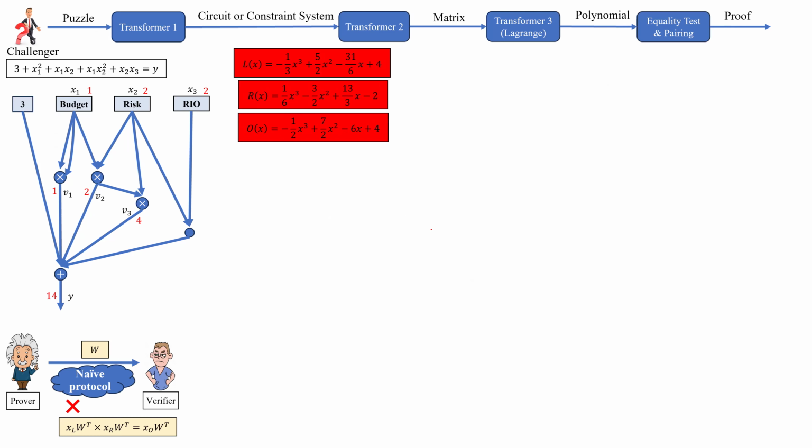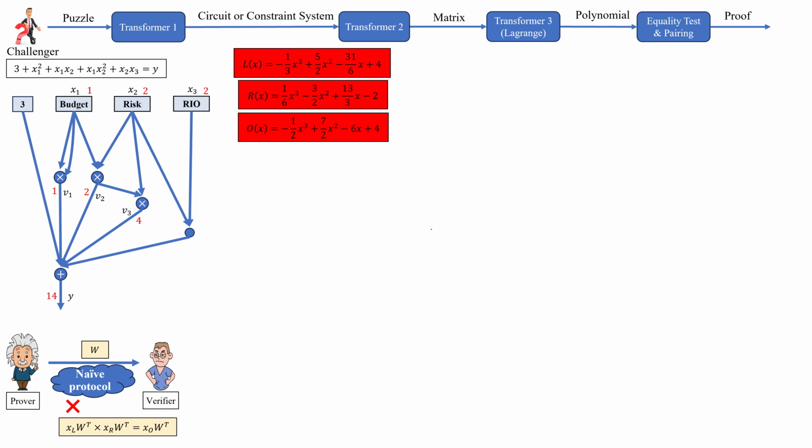Okay, now the prover knows polynomials L of x, R of x, and O of x. Definitely the prover doesn't want to share these polynomials with the verifier, right? Because these polynomials are a combination of the witness vector and the matrix, and if somebody knows these polynomials, they can retrieve the witness vector.